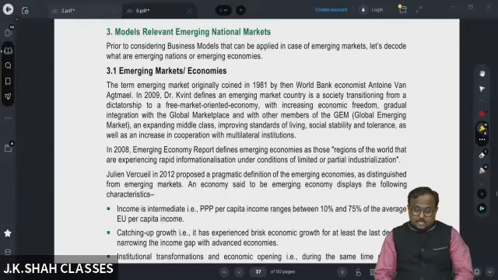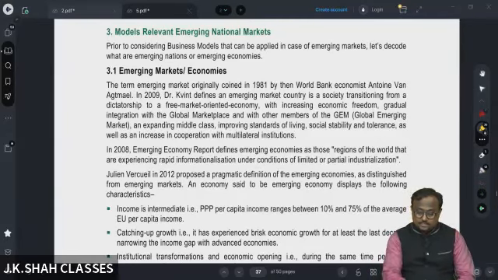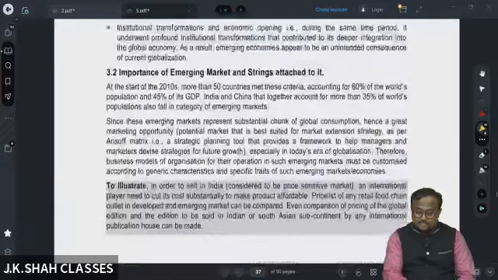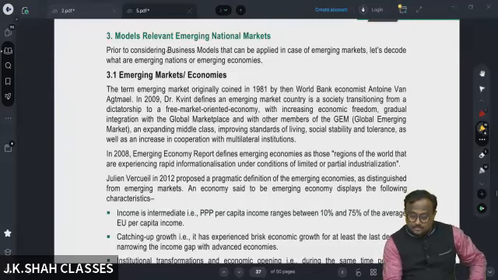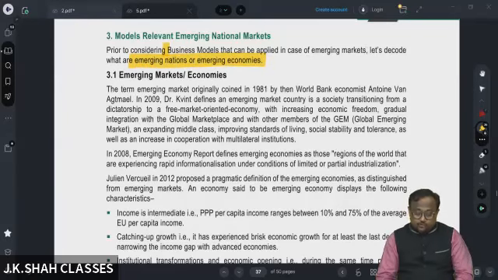Yes. Now, models relevant to emerging national markets. It is important for us to know what are emerging nations and emerging economies.